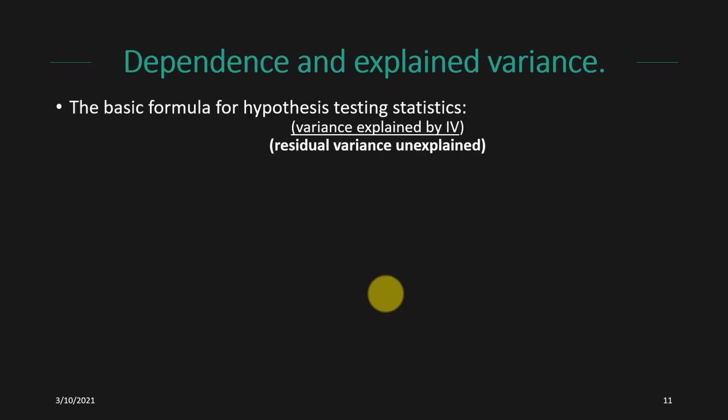So let's think about our basic formula for hypothesis testing, where we think about the variance explained by the independent variable being divided by the residual variance that remains unexplained. Whether it's t-tests or F-statistics, this is what we are essentially looking at as ratios for those inferential statistical tests.